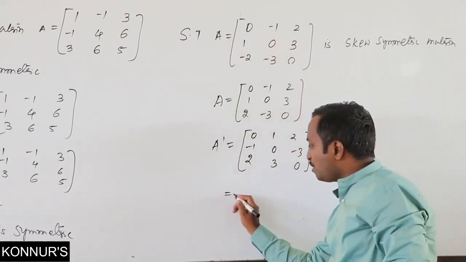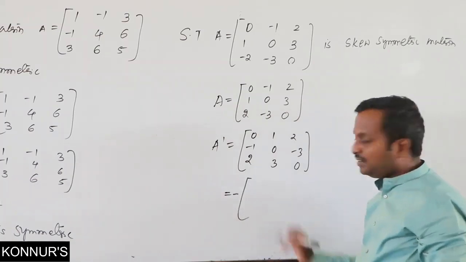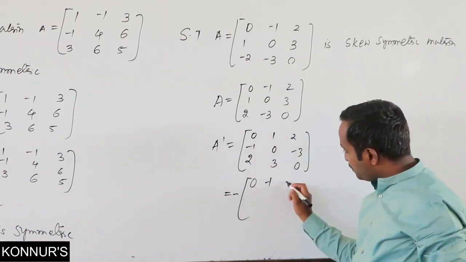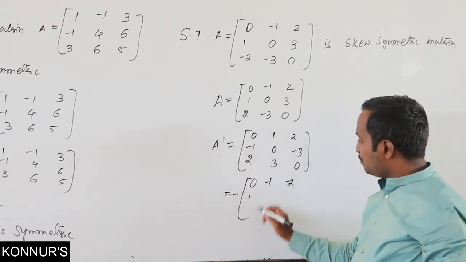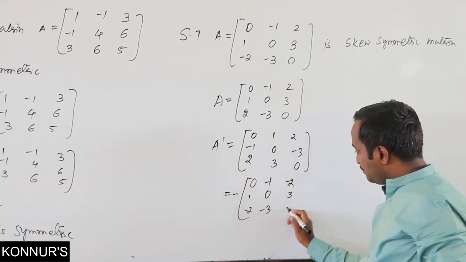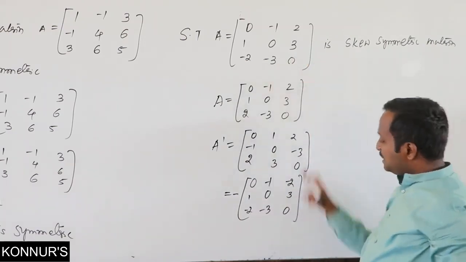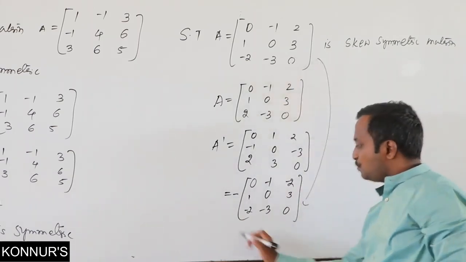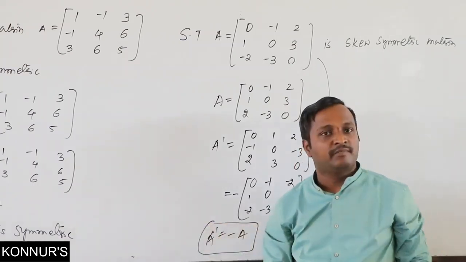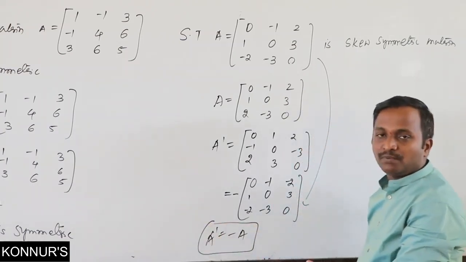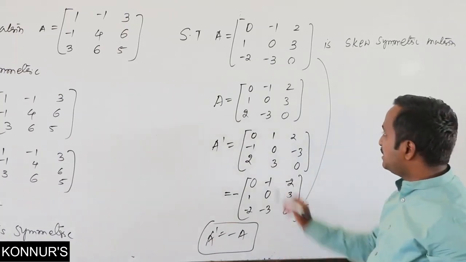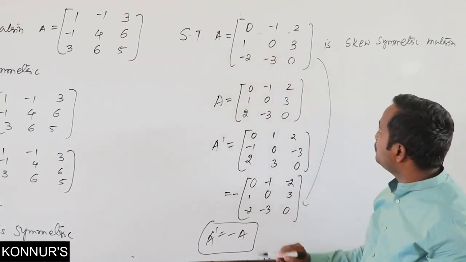I will take the minus common. 0 as it is, minus 1 becomes minus 1, 2 becomes minus 2, minus 1 becomes 1, 0, minus 3 becomes 3, minus 2, minus 3, 0. This is exactly the same as A, so this is nothing but minus A. So A dash is equal to minus A. That is the definition of a skew symmetric matrix.